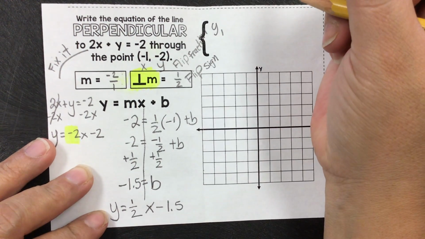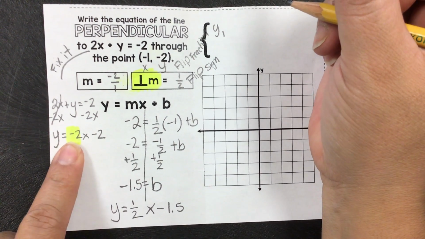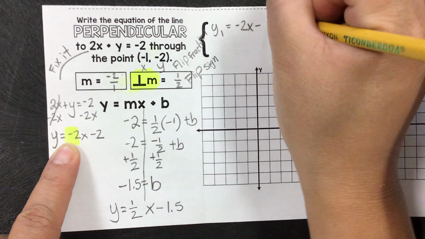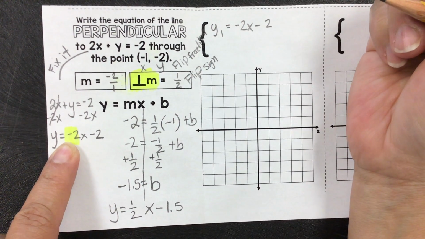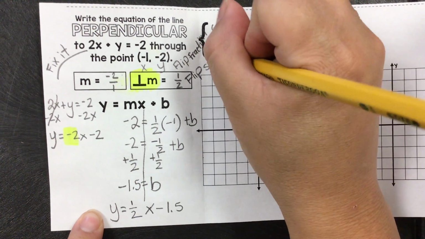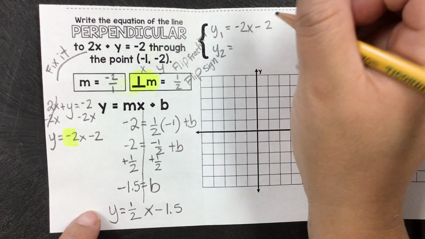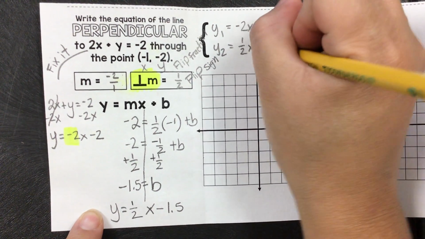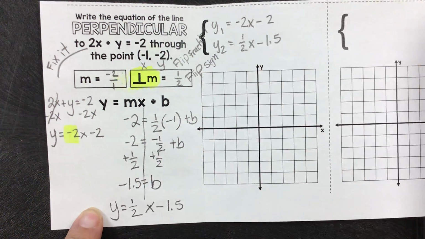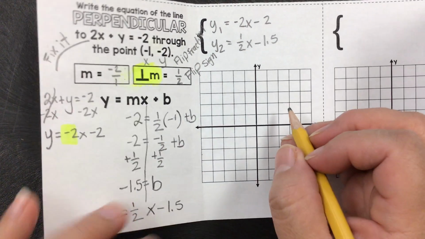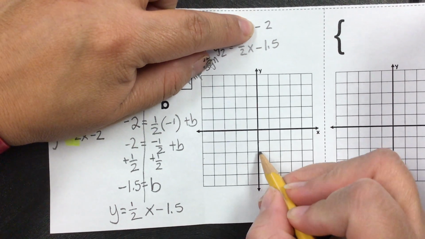y1 is the equation you were given. We had to fix it though, so it looks like negative 2x minus 2. The y2 is the equation that we had to solve for, so this is a positive 1/2 x minus 1.5. Let's go ahead and graph. For the first one, we started at the negative 2.